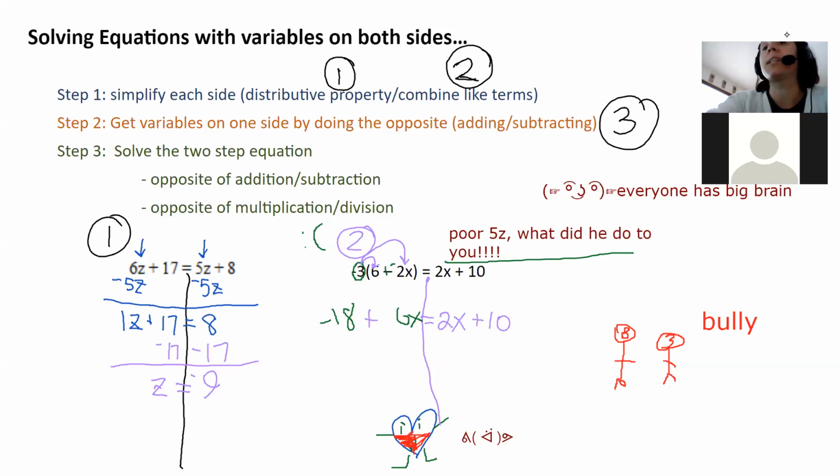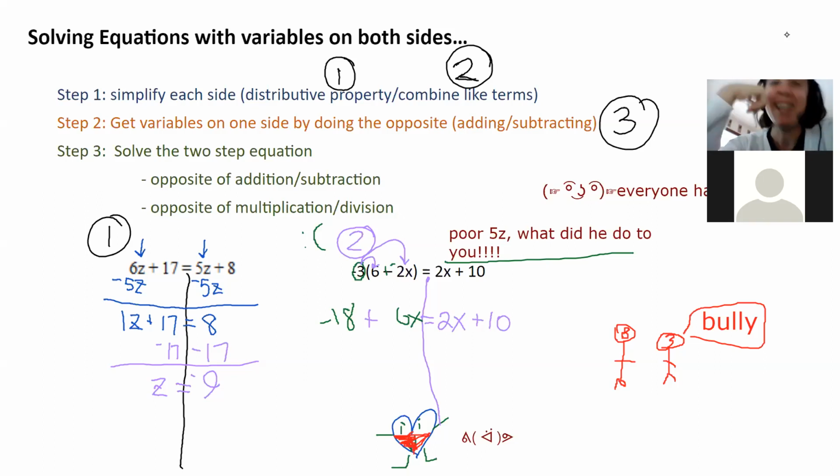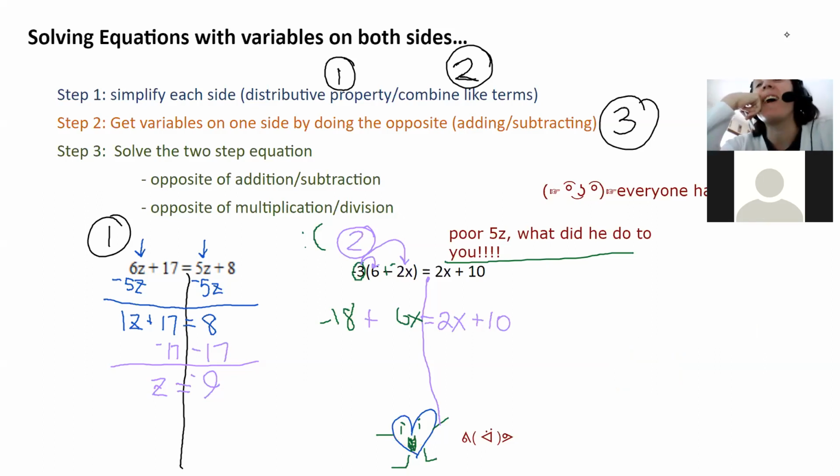Everybody has big brain. That's right. So let's pick on the smaller one. And how would I move that positive 2x over to the other side? What's the opposite of positive 2x? Yeah, I would subtract 2x from both sides there. Very good.